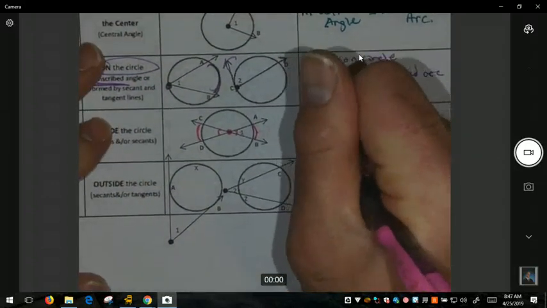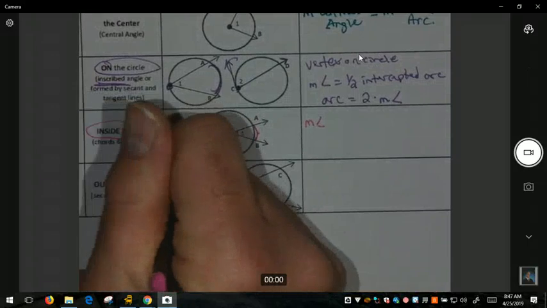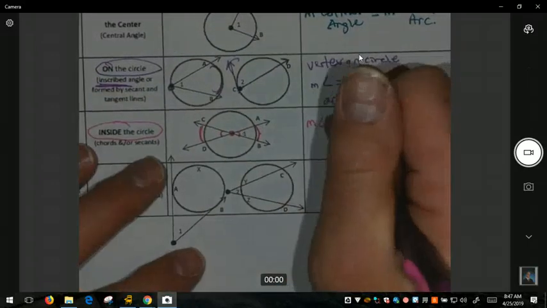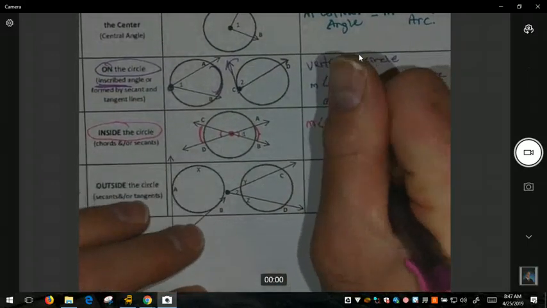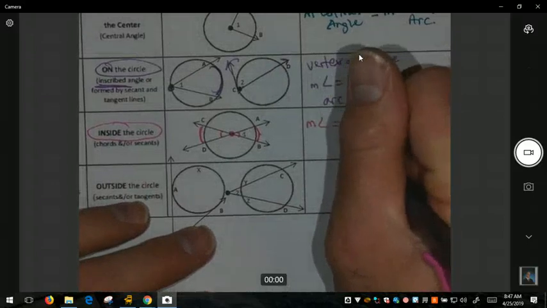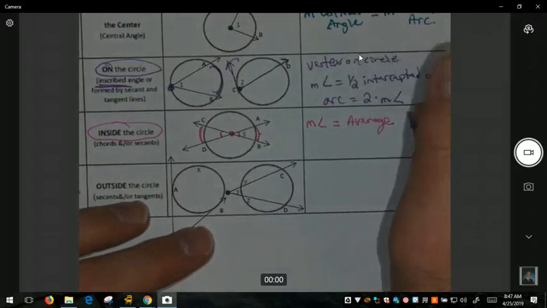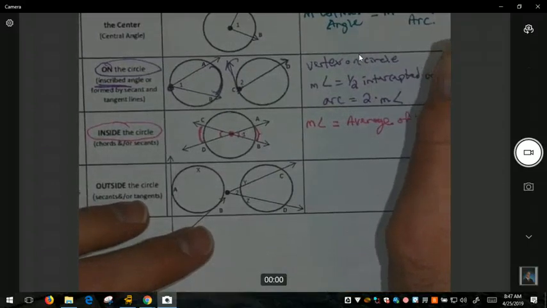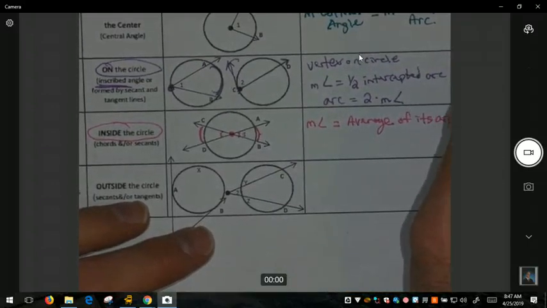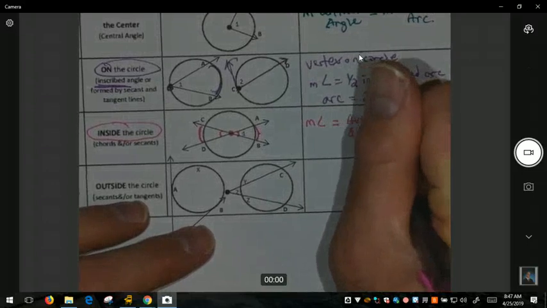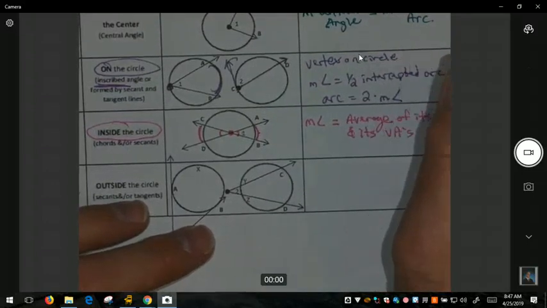So the measure of the angle when it's inside the circle is equal to the average of its arc and its vertical angle's arc.